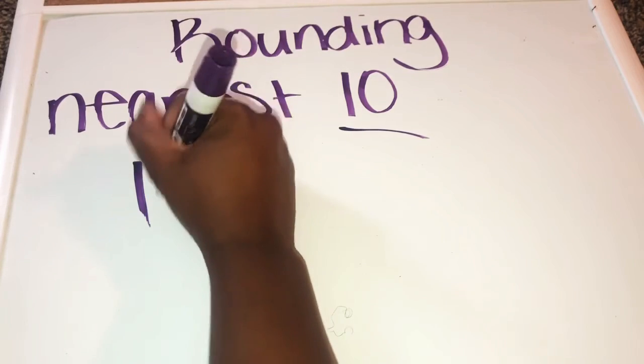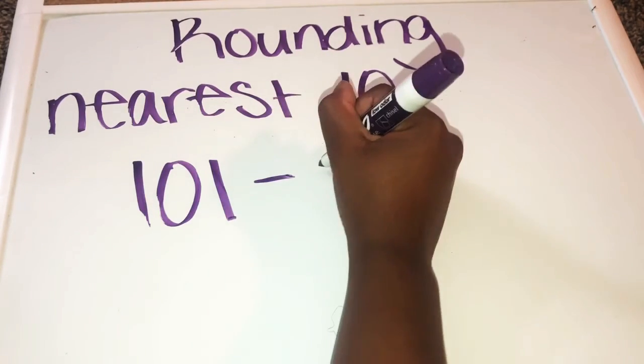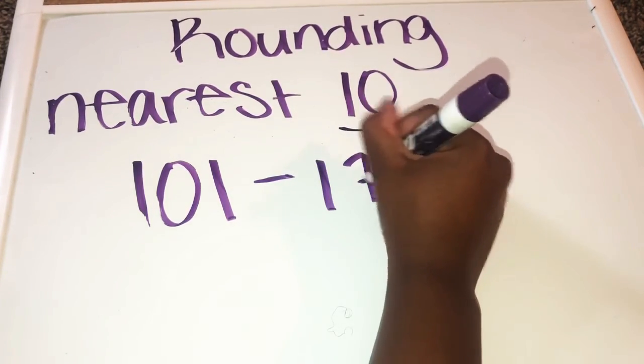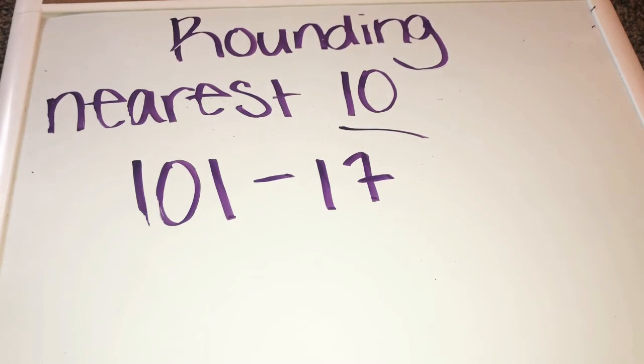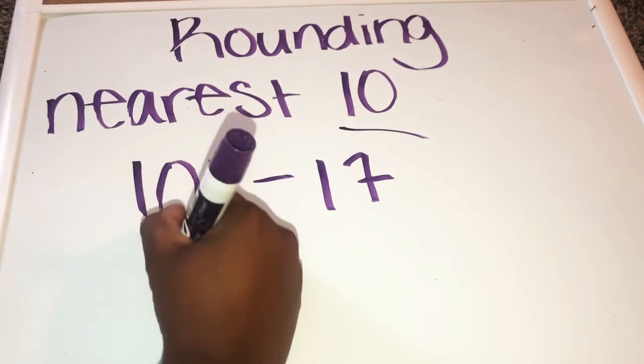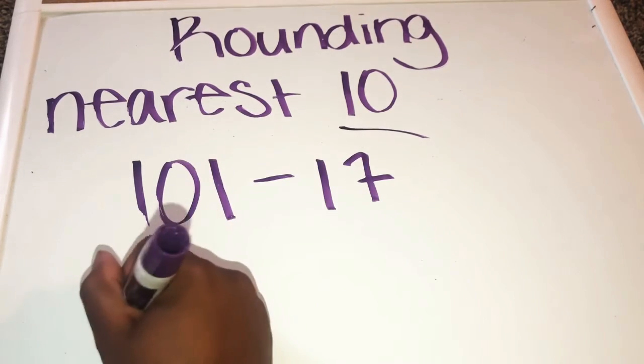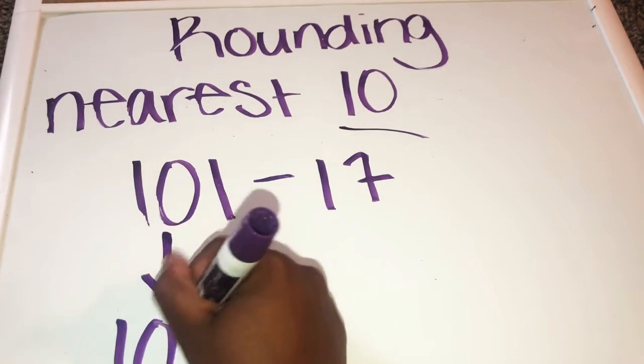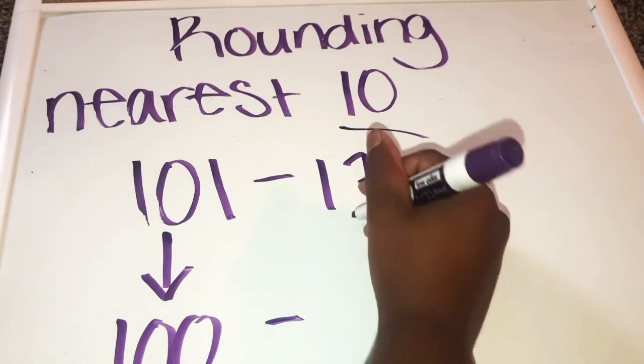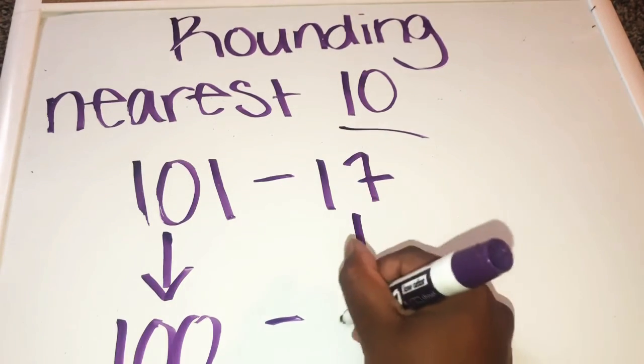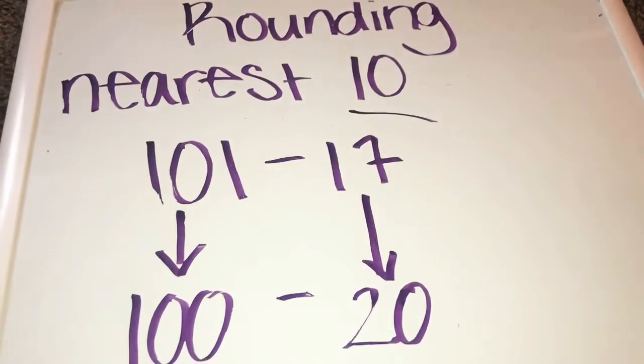The first example is 101 minus 17. Our job is to now round both of these numbers to the nearest 10 so it's easy for us to make an estimate. Look at 101. If I round that to the nearest 10, it's going to round down to 100. 17 is going to round up to 20.